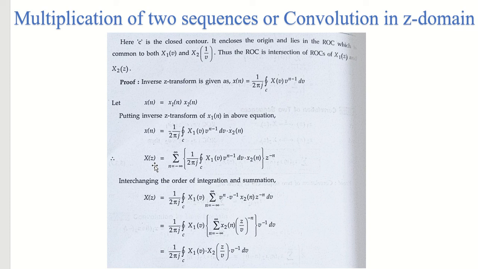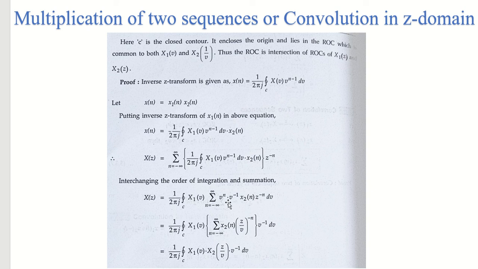So closed integration X1 of v will be outside, and we will take the summation n equals minus infinity to infinity v raised to n into v raised to minus 1. Instead of v raised to n minus 1, we can write it this way as well: v raised to n into v raised to minus 1, x2 of n z raised to minus n into dv. So we are simply taking the first term and the constant term outside. We are keeping the other terms as they are, but inside the summation.